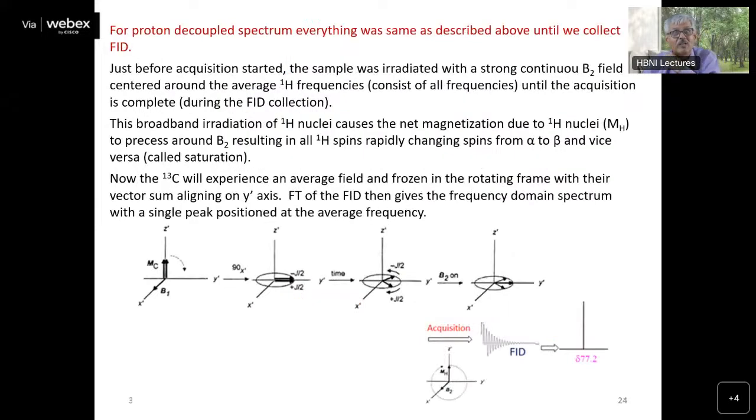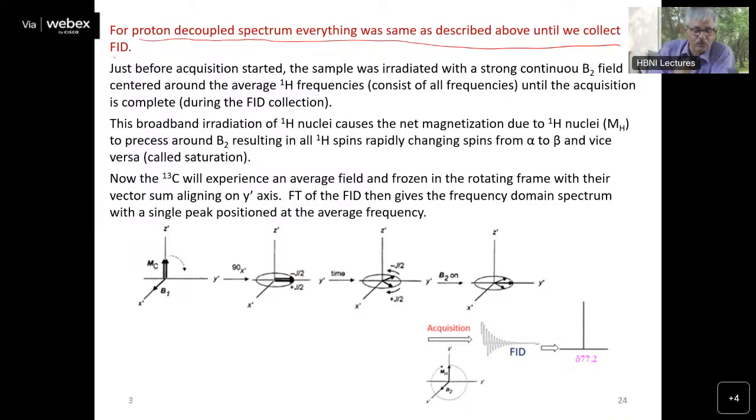Now let us say we want to do a decoupling. So now we will be seeing what we want to do for the proton-decoupled spectrum. Whatever I have done for the proton-coupled spectrum, up to that everything is fine.